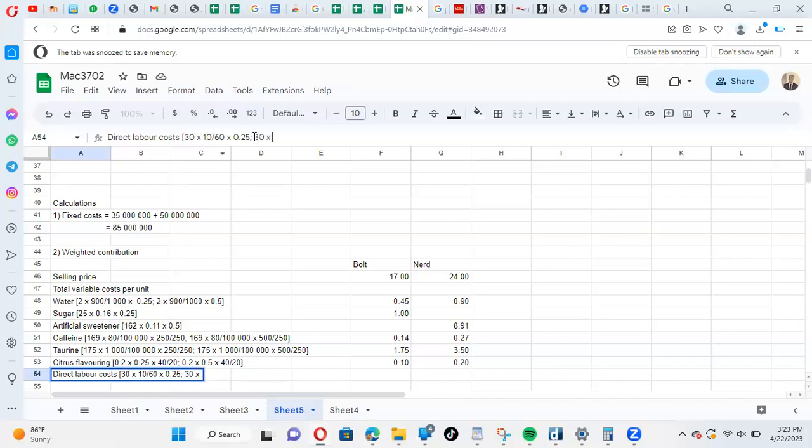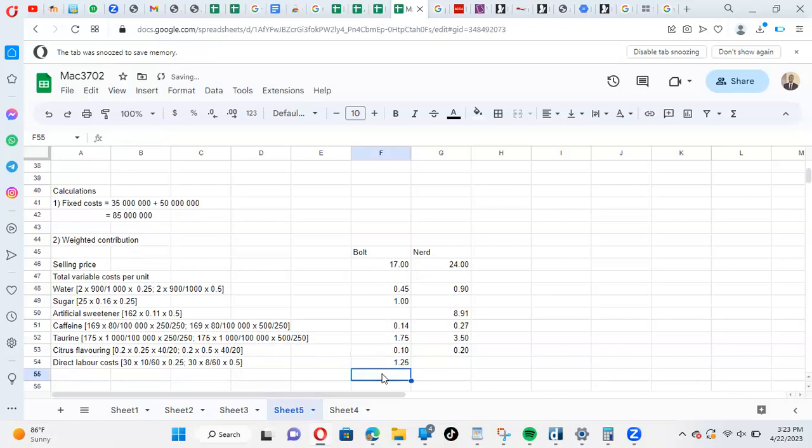Then the next one is 8 divided by 60, times 0.5. 30 times 10 over 60, so 0.25, I'm getting that. And then 30 times 8 divided by 60 times 0.5, I'm getting 2.